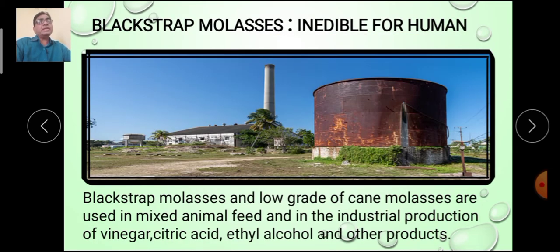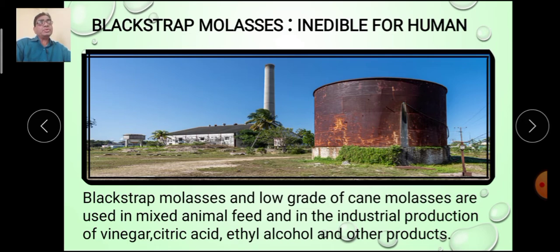The next variety is inedible, that is, a non-edible variety of molasses for human beings. This variety is used for a number of purposes. This is a low grade of cane molasses used in mixed animal feed, and the major use is in the fermentation industry, that is, the production of vinegar, production of citric acid, and production of ethanol from molasses.